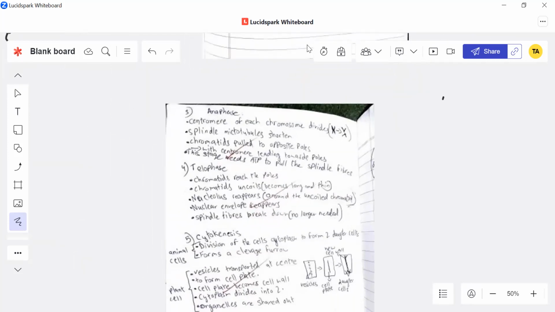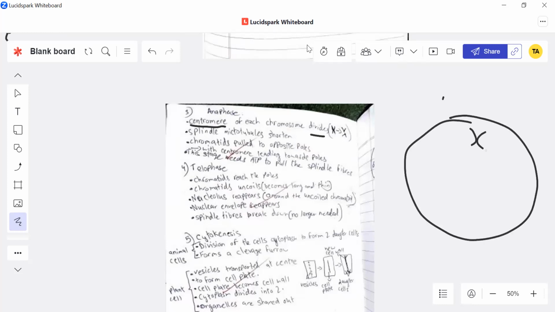Anaphase is when the centromere of each chromosome divides. So I have this cell, I have the chromosomes lined up at the equator, and I have the centrosomes, which are basically two centrioles, attached to the centromeres.